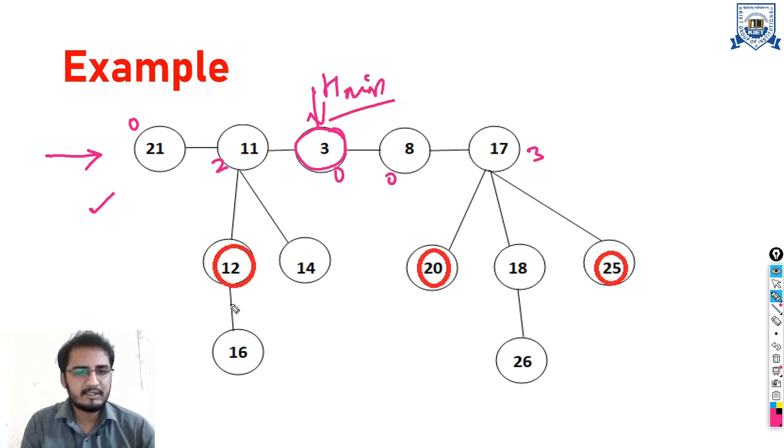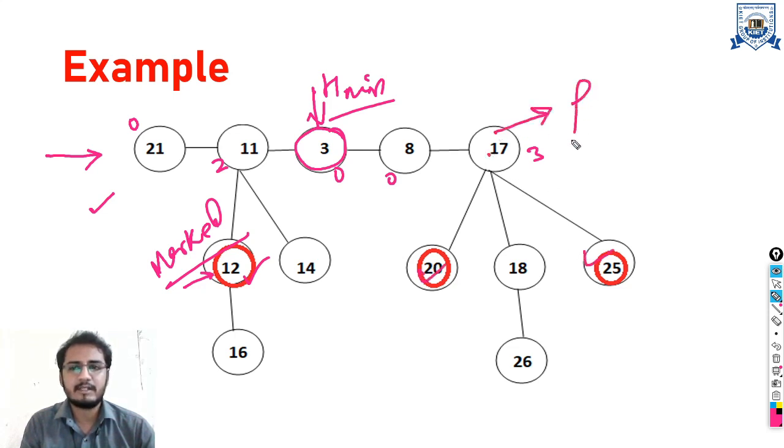The red circles indicate marked nodes. A Fibonacci heap is a collection of marked and unmarked nodes. Unmarked nodes are denoted by the value false and marked nodes by the value true, so they are Boolean values.